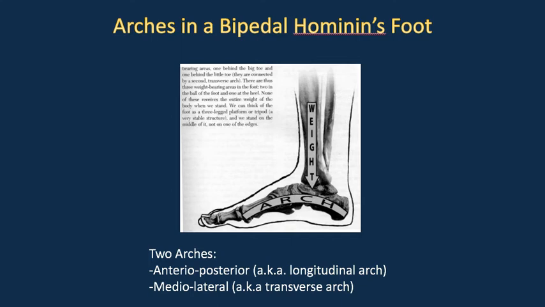As it says here in the little caption, our feet function kind of like a three-legged platform or a tripod, which is a pretty stable structure. These arches serve to absorb force when we're walking, and they also help us to have, for lack of a better term, a spring to our step. It helps propel us forward when we're walking from foot to foot.